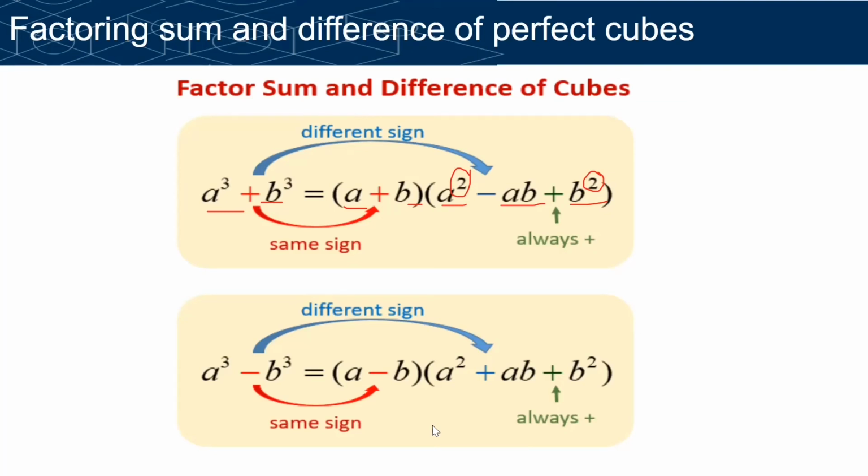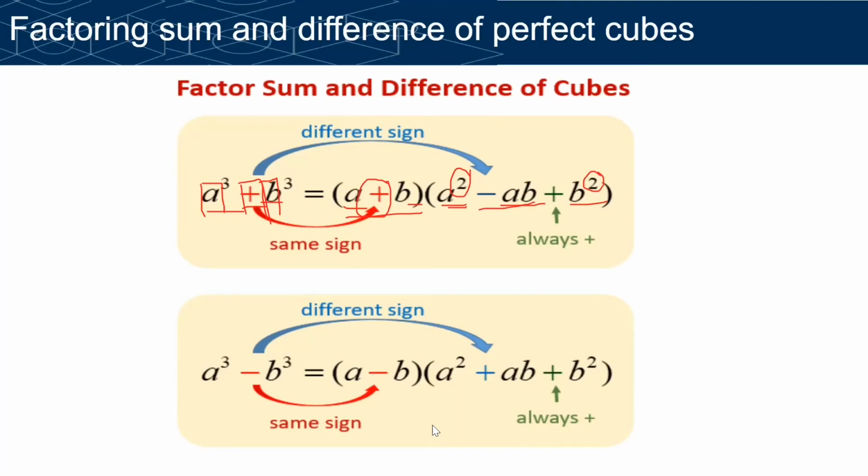So for the first part, you're supposed to do a plus b, so your first base plus your second base. And notice how the sign is the same as you had in here, right? So once you do that, then move on, and it's going to be a squared minus ab.